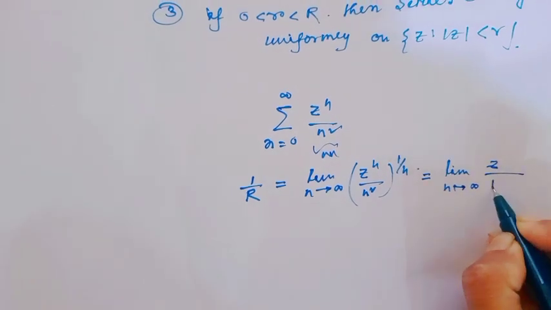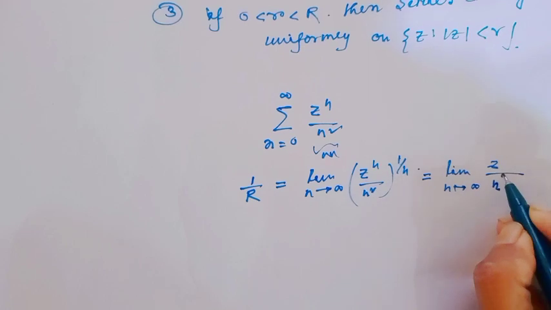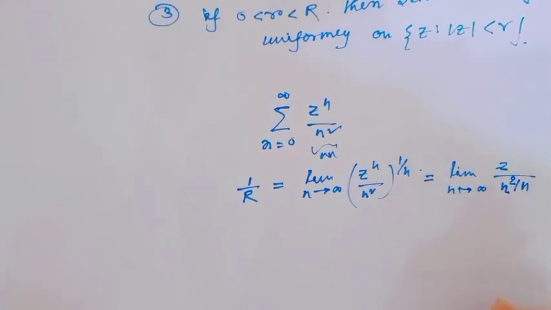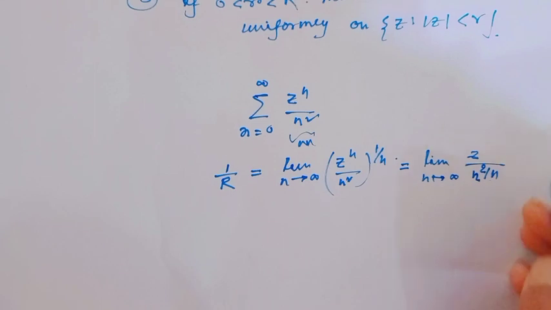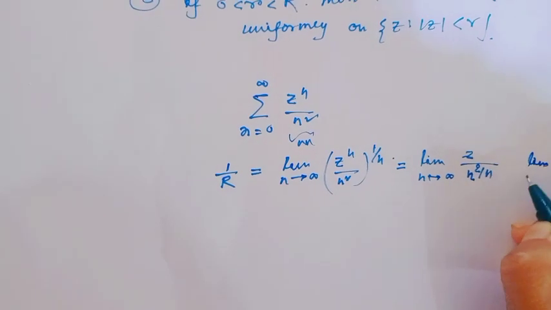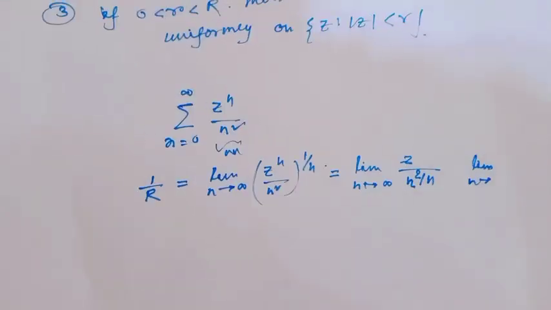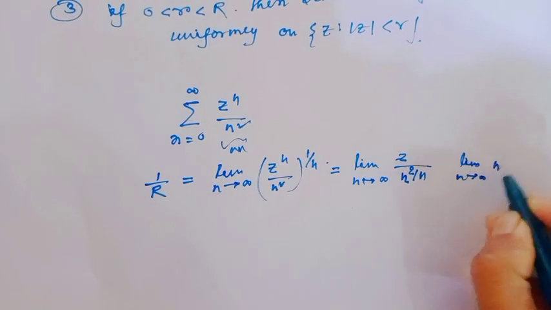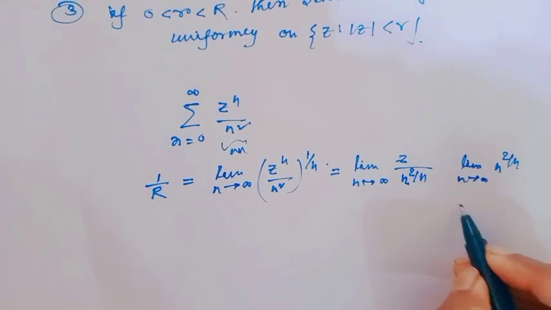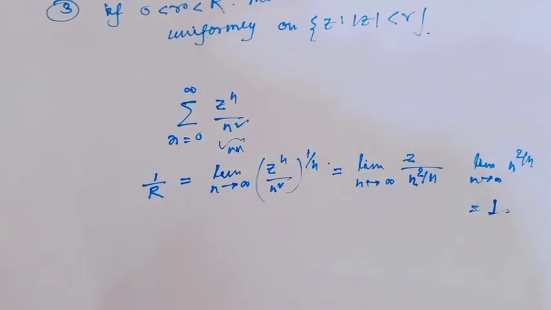This is equal to limit as n goes to infinity of |z| over n to the power 2 over n. We all of us know this limit as n goes to infinity of n to the power 2 over n. This value is always 1.